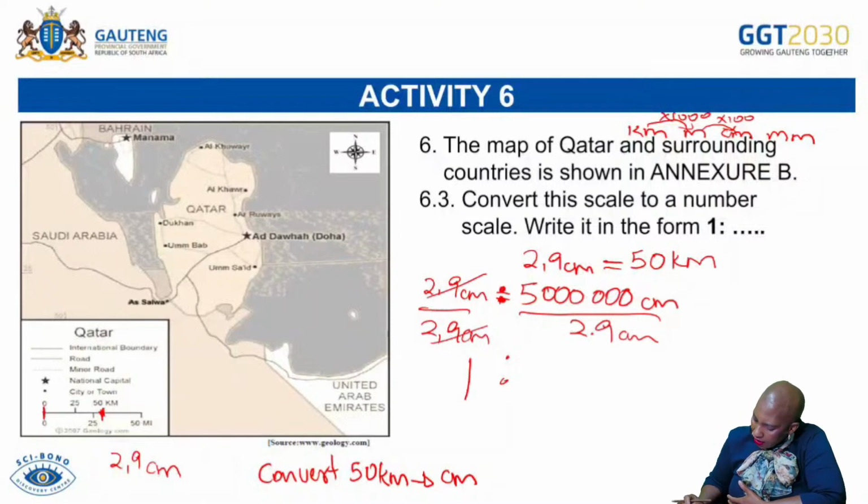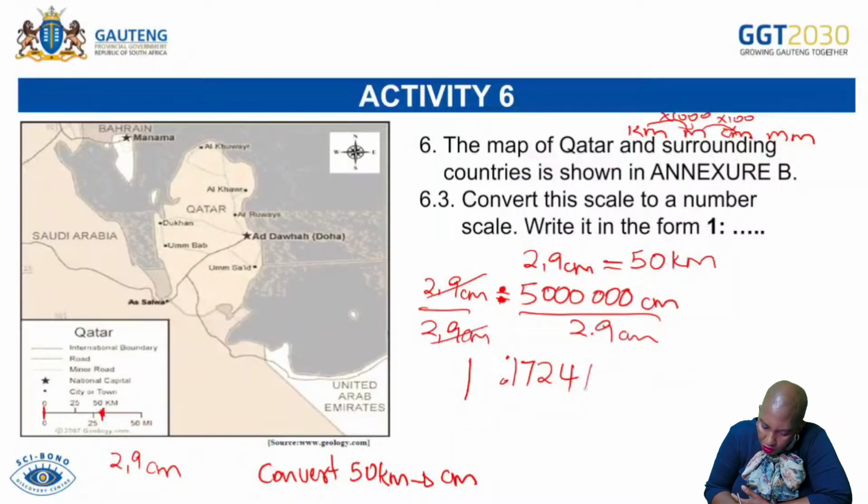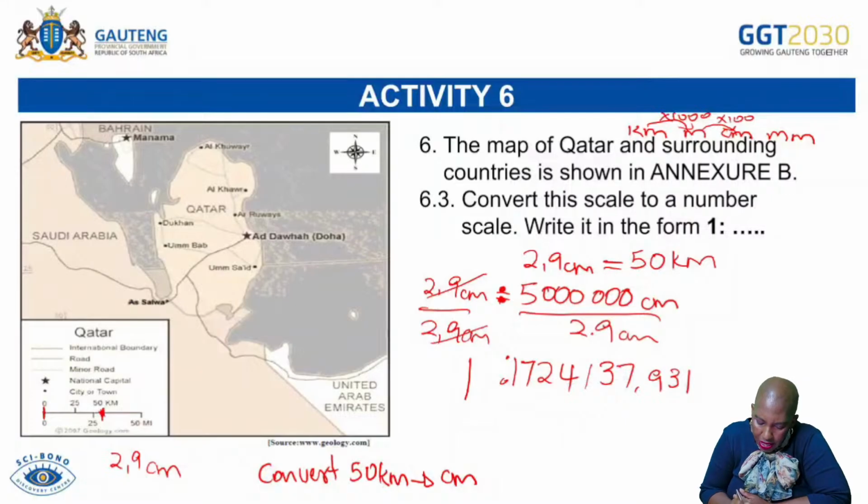And then as I divide it by 2,9 now, I will get my answer to be 1,724,137,931. So meaning it would be 1:1,724,137,931.